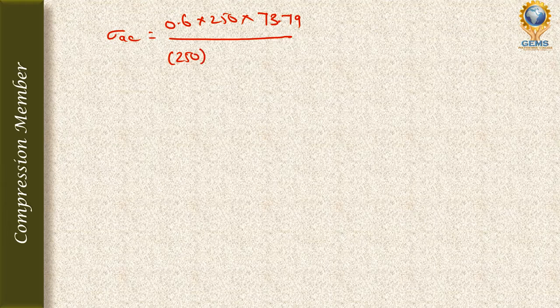Substituting the values, sigma AC is equal to 0.6 into 250 into 73.79 divided by (250 to the power 1.4 plus 73.79 to the power 1.4), whole power of 1 by 1.4, which should be less than or equal to 0.6 Fy.